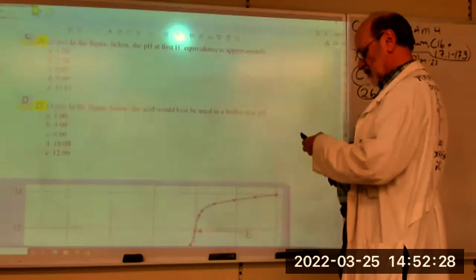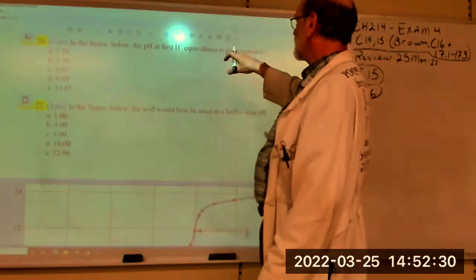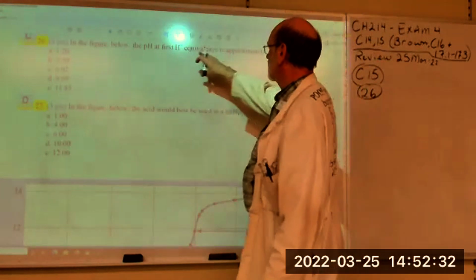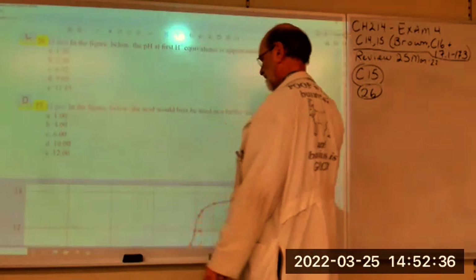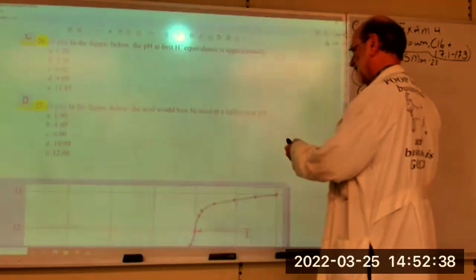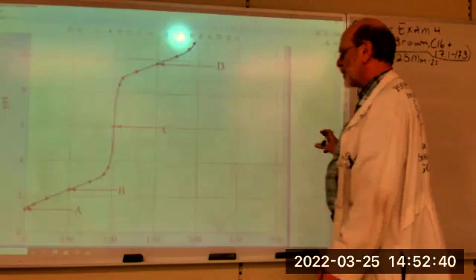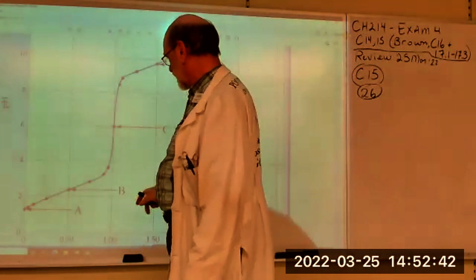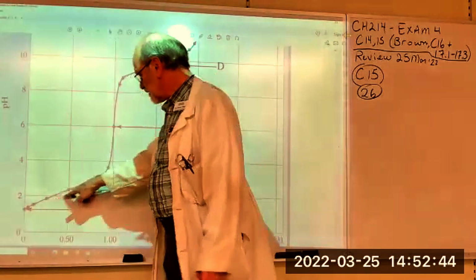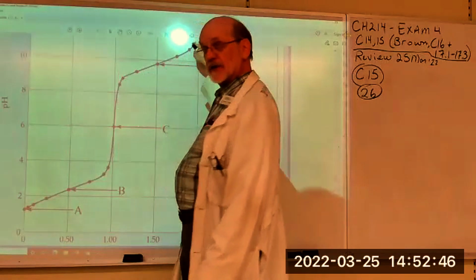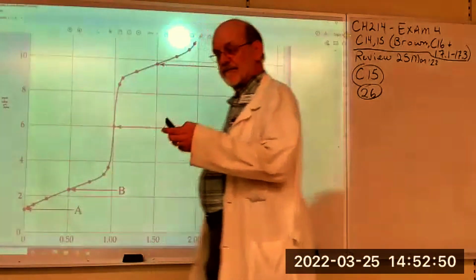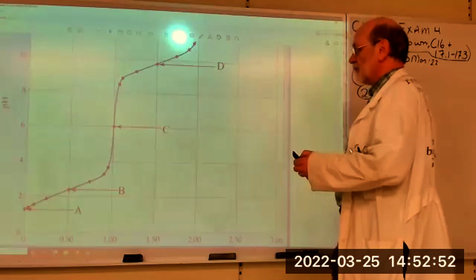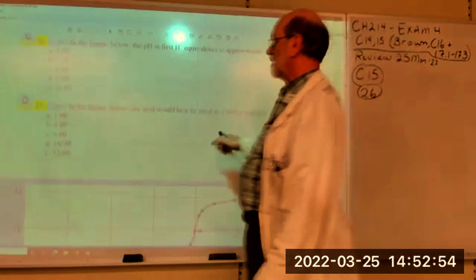In the figure below, the pH at first hydrogen ion equivalence is approximately what? At first hydrogen ion equivalence. There's the first hydrogen, there's the second hydrogen. The first one, pH at 6. That's the equivalence for the first hydrogen.